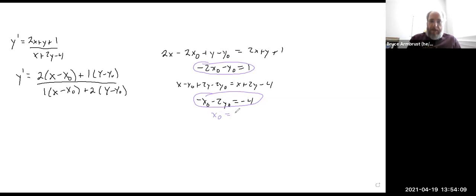So let's go ahead and solve it. x naught here is equal to 4 minus 2y naught. Plug that in and you get minus 8 plus 4y naught minus y naught equals 1, which looks like y naught equals 3, which means x naught equals minus 2, I think.